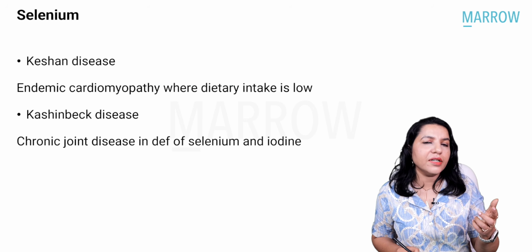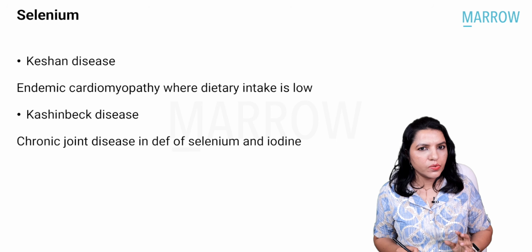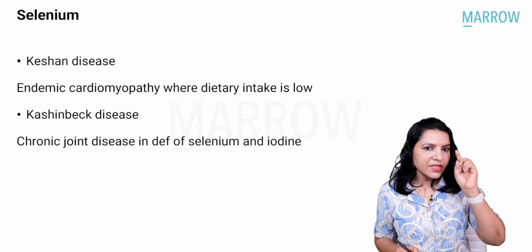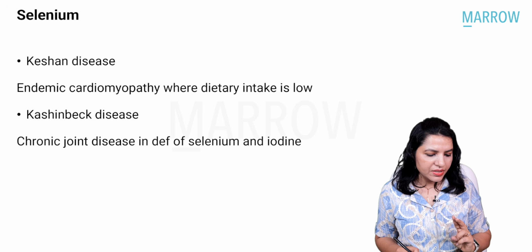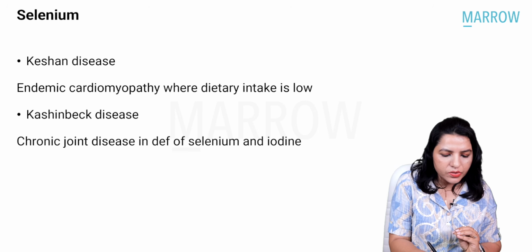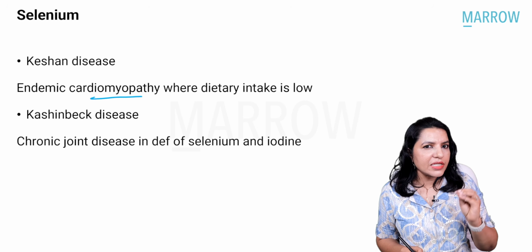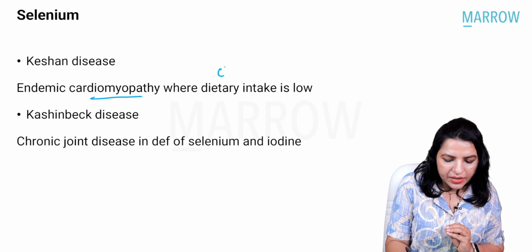Then another micronutrient given in the question was selenium. What are the disorders associated with selenium? One is Keshan disease, another is Kashin-Beck disease. Keshan disease is an endemic cardiomyopathy, where dietary intake is very low, like in the regions of China, as given in the books.